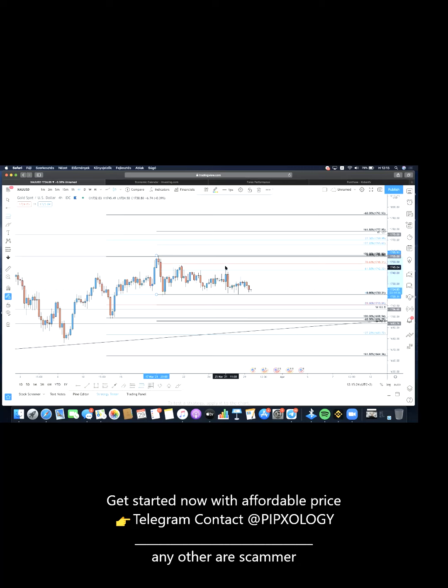Also, if I put the Fibo from this low to this high, you can see the price stopped perfectly with the 61.80 level, and basically you can see the H4 minus 27 also really close to the daily and weekly Fibo.